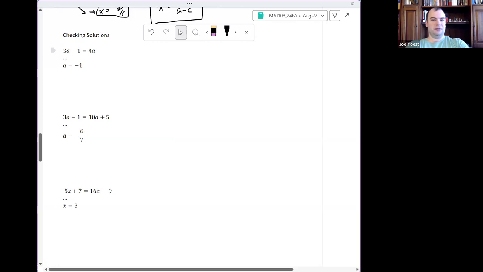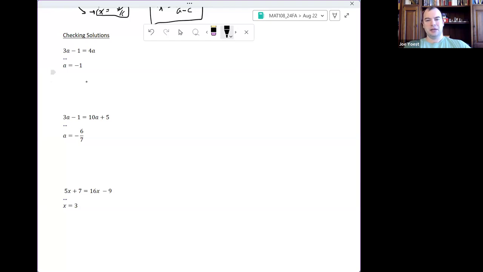So pretend that you had gotten this equation given to you, you had gone through some steps, you had gotten down to A equals -1, and you want to know if that's correct. Well, instead of just circling it and moving on to the next problem and maybe getting that one incorrect, let's check it. How can I check it?